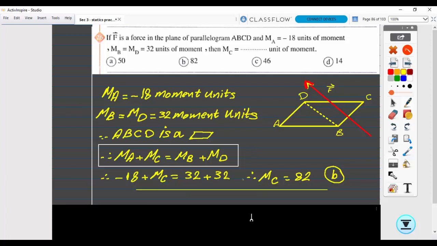Substitute MA equals negative 18 and MC, which is unknown, equals MB plus MD. We have MB equals MD equals 32, and you can calculate it. You will get MC equals 82, and the solution is at letter B.